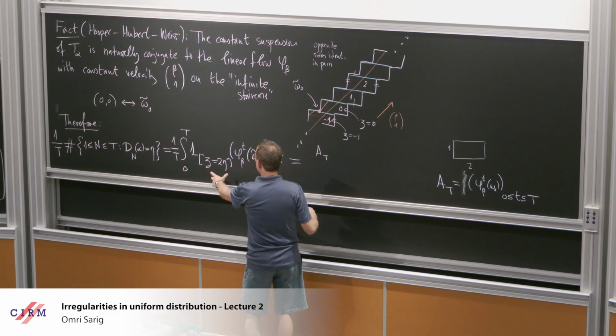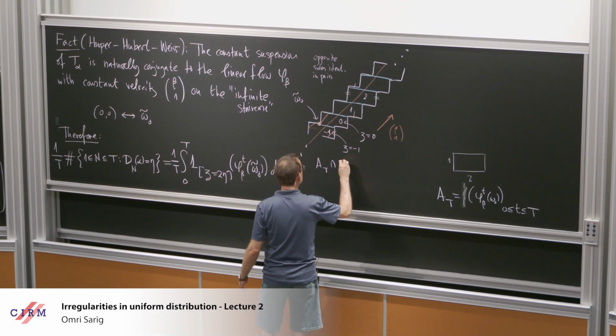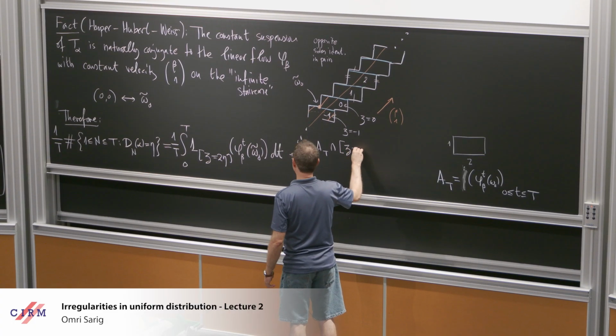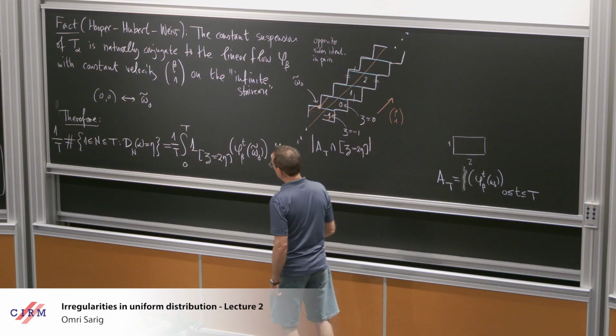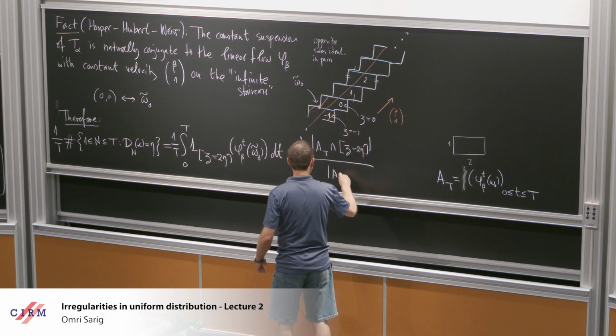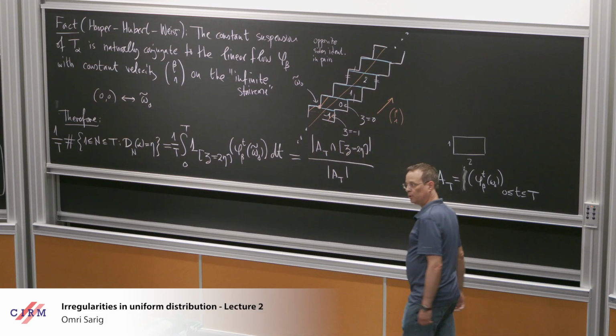So basically what I'm calculating here is the intersection of this line with the rectangle with z coordinate 2 eta, and I measure the length. And by dividing by t, I'm dividing by the length of AT. Okay?